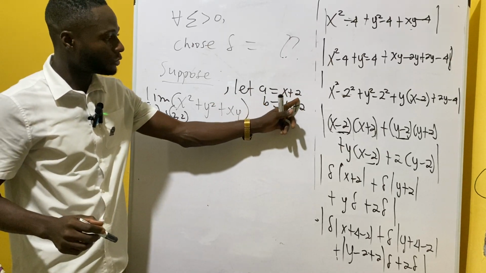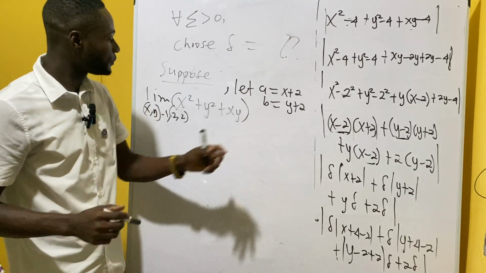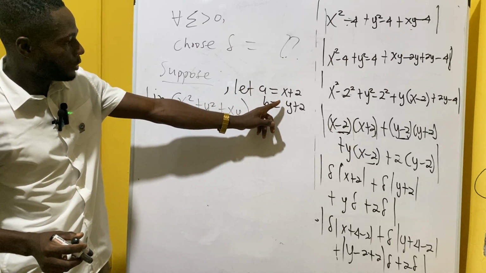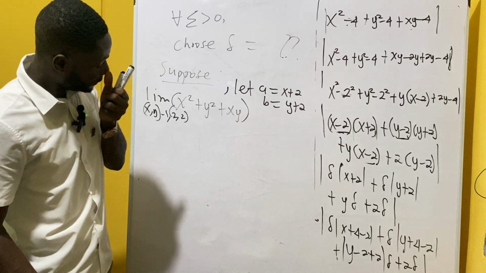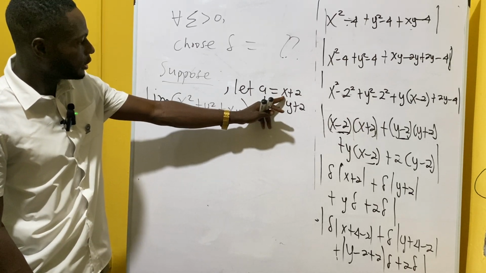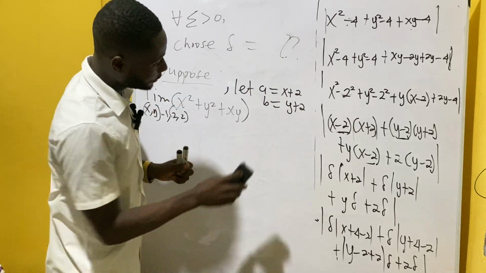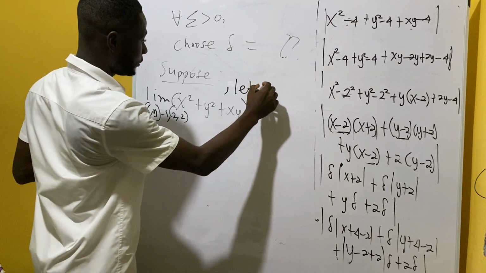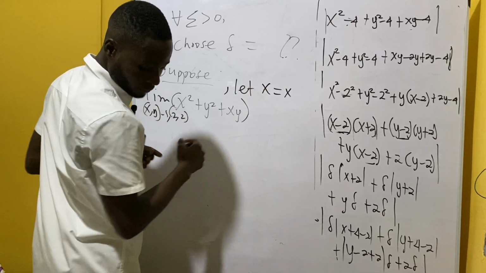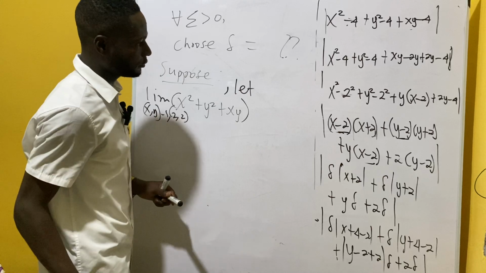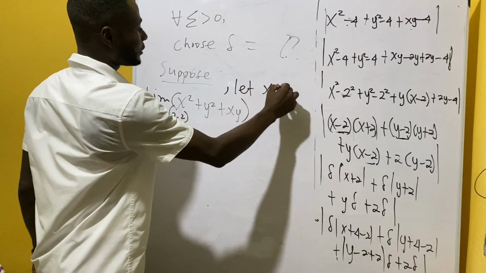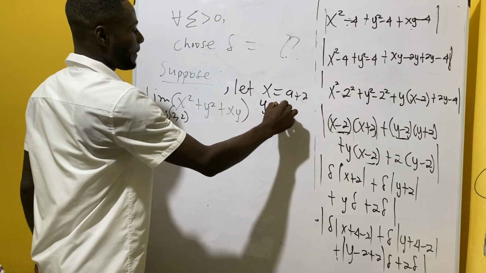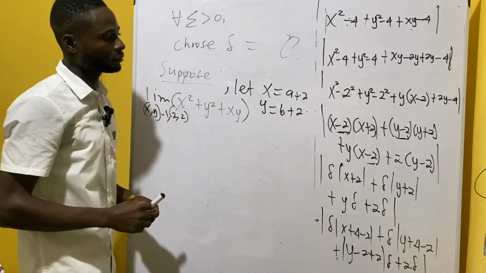So if a equals x plus 2 and then b equals y plus 2, then what we do is that wherever we see x, x equals a plus 2, and then y equals b plus 2, right?